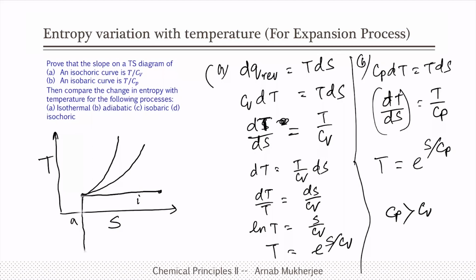So this is the isobaric process, this is C, and the isochoric process is D. Did you understand this one? So these are the 4 ways. This is the isothermal process A. I am just denoting by A, B, C, D on top, so do not confuse A with adiabatic. A denotes isothermal, B denotes adiabatic, C is isobaric, and D is isochoric.